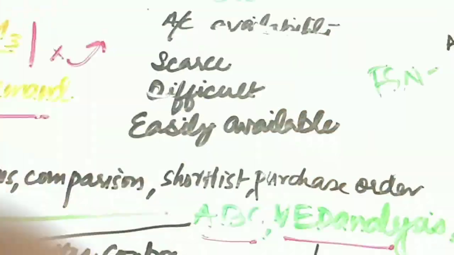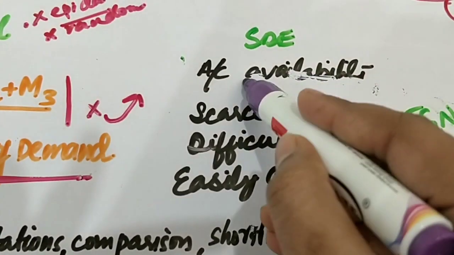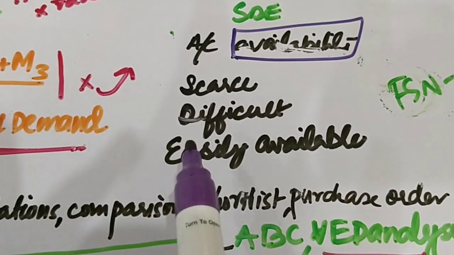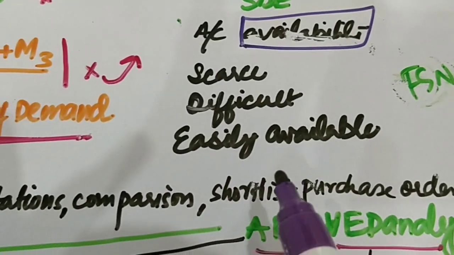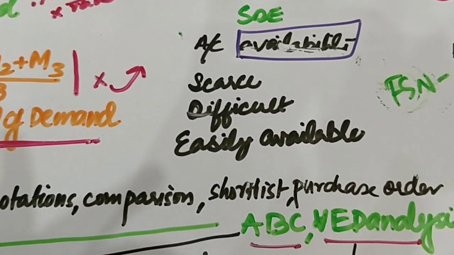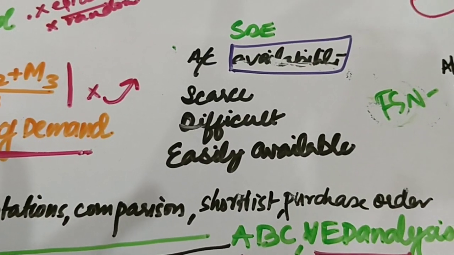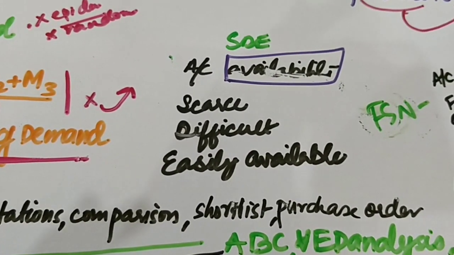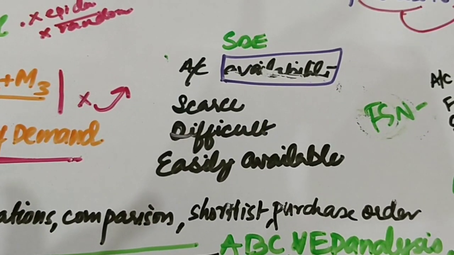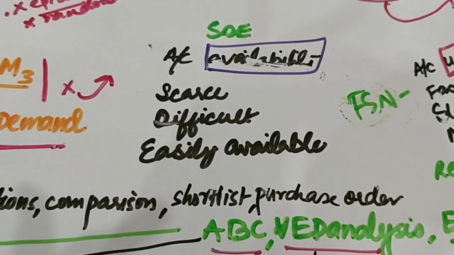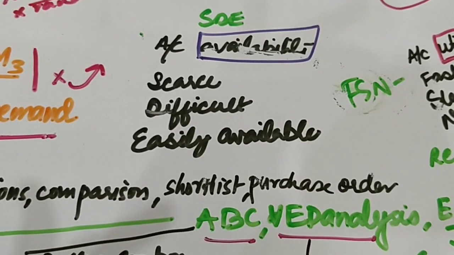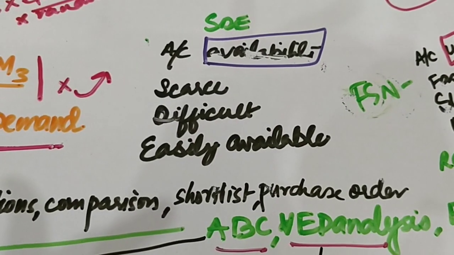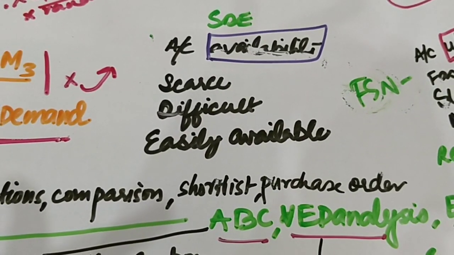That would depend upon the availability of that product. That is scarce, difficult, or easily available. Supposedly we have some material which is very rarely available, so we have to use it in a way that we don't destroy it. Easily available items should also be maintained, but this depends upon the availability of the stuff. Like paracetamol or levocetirizine can always be procured locally as well.